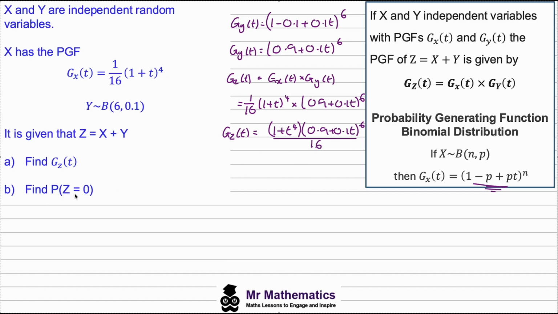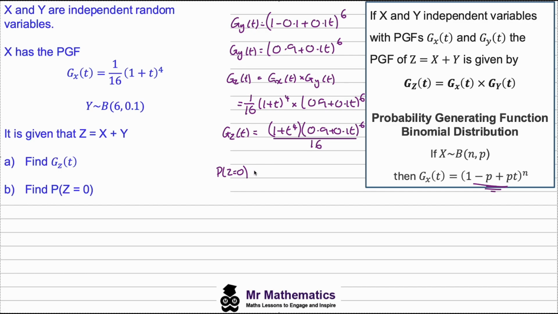So to work out the probability of z equaling 0, well, all we need to think about is this one term multiplied by this 0.9 term, which is raised to the power of 6. Any other combination will involve a t, and when we have a t, z will be greater than or equal to 1.